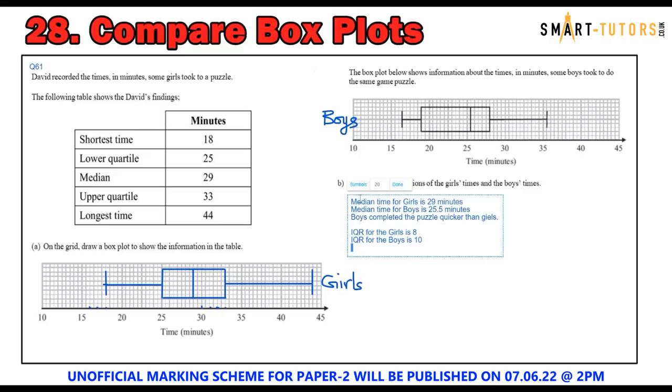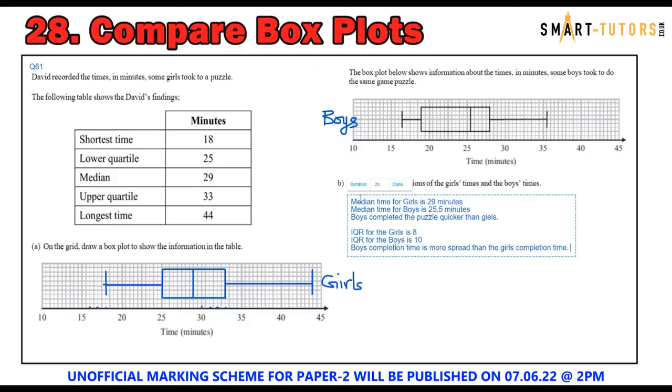So now you need to say boys' completion time is more spread than the girls' completion time. Basically what I'm saying there is the width of the boys' box plot is wider than the girls'.